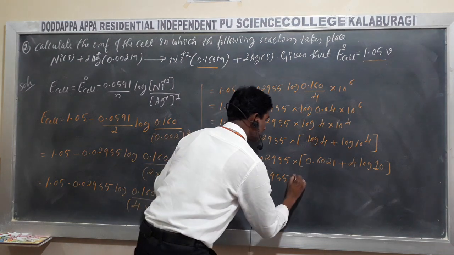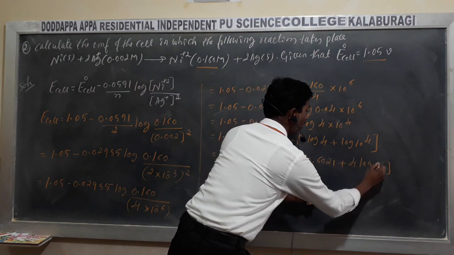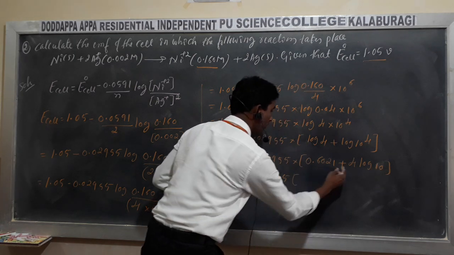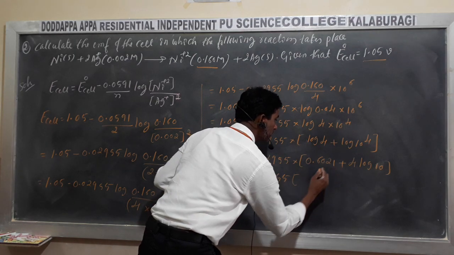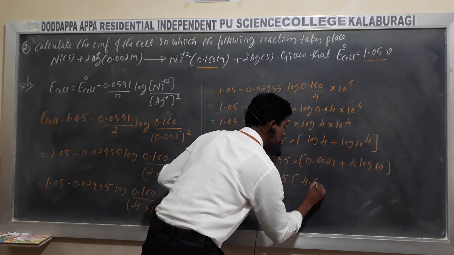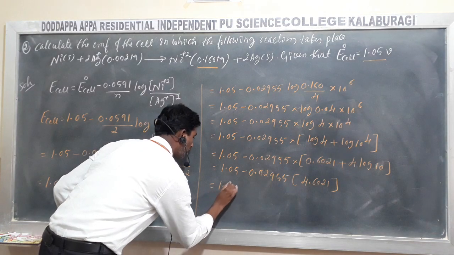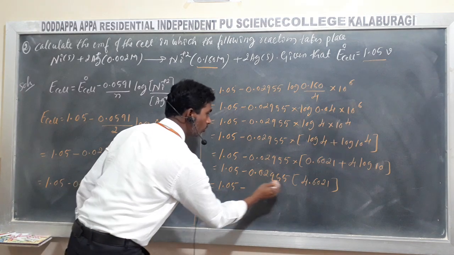Now log 10 is equal to 1. So log 4 plus 4 gives 4.6021.